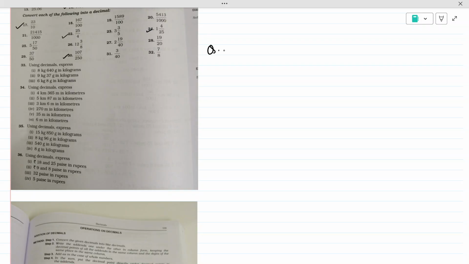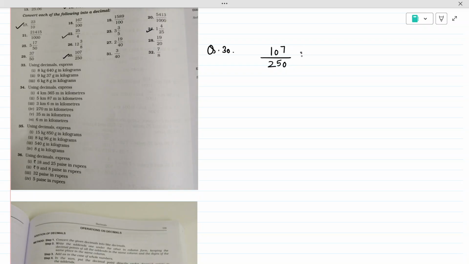Okay, we have question number 30 as 107 divided by 250. If you see this question, 107 divided by 250, you will find that we do not have any factor which is common to this.